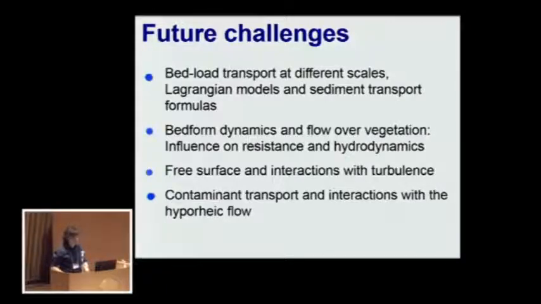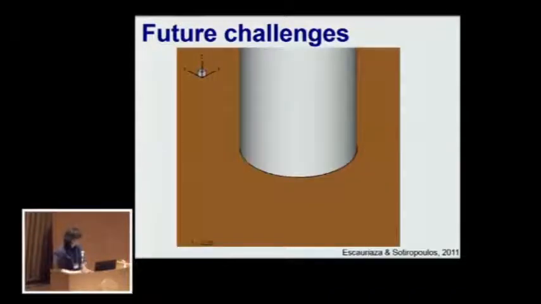Free surface, for instance, is another topic that is very interesting. Contaminant transport, you know, rivers do not have impermeable beds, so hyporheic flow is also an important thing. Just to show you a couple of things, there are also the DES simulations, the hybrid simulations I showed you before.